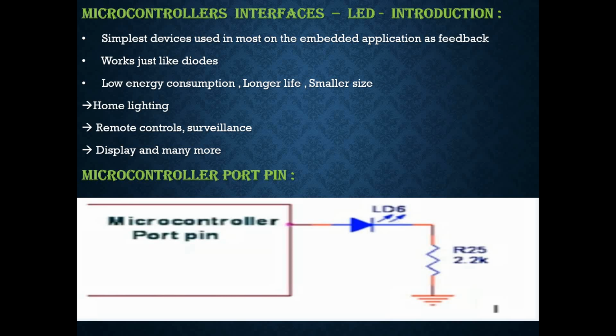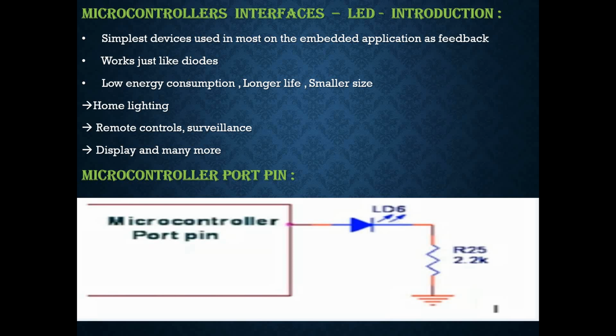LED means light emitting diode, so the name indicates it works just like a diode. Low energy consumption, longer life, small size. These are the advantages of LED. Where we are using the LED: home lighting, remote control, surveillance, display, and many more applications.